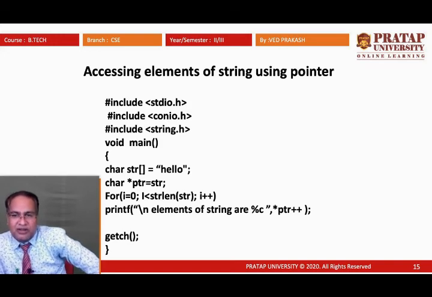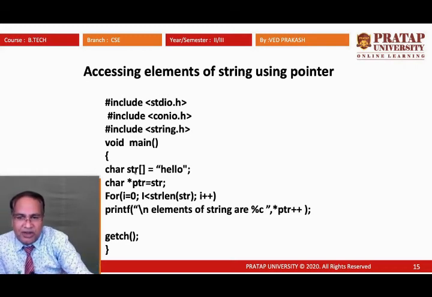Why do I mention the character data type for the pointer? The reason is that the pointer which links to another variable should always be of the same type. So our string data type is character, so the pointer data type should be character.